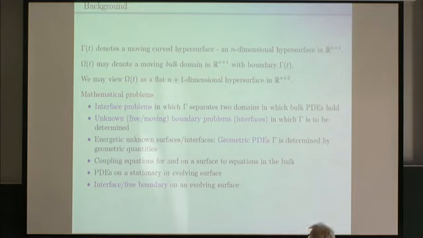So, interface problems: we're interested where gamma separates two domains in which bulk PDEs hold. Often gamma is unknown, so we might call those unknown boundary problems. Sometimes we say free and moving when gamma changes, but essentially what we mean by free and moving is that we normally are interested in the situation when gamma is unknown.